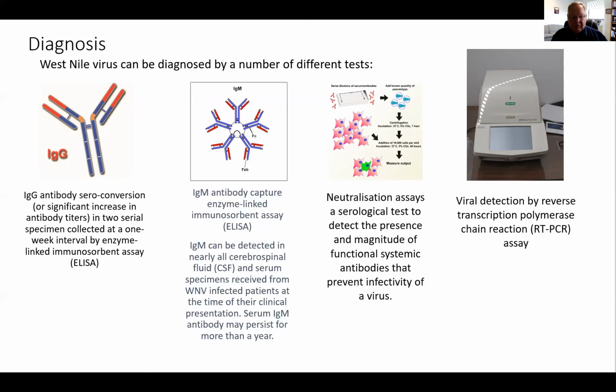IgM antibodies are captured by enzyme-linked assay the same way, but linked for this particular marker, which gives you a memory cell. Then you can do a neutralization assay of serial testing, and it will detect the presence and magnitude of function. And then viral detection by reverse transcriptase RT-qPCR.